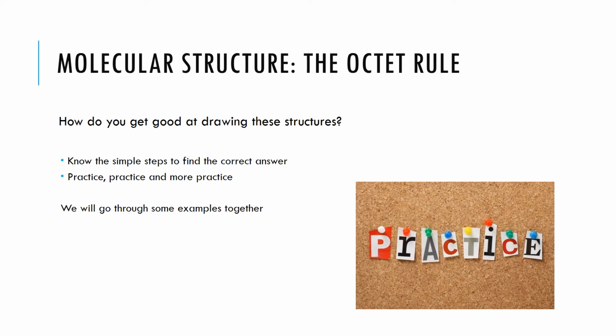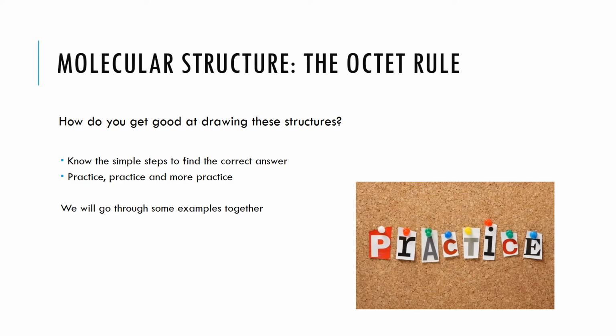Now, these might seem simple, and some people might sit there and say, well, I've done all of this at A level, and I know how to make these Lewis structures. My recommendation is that you keep practicing them.